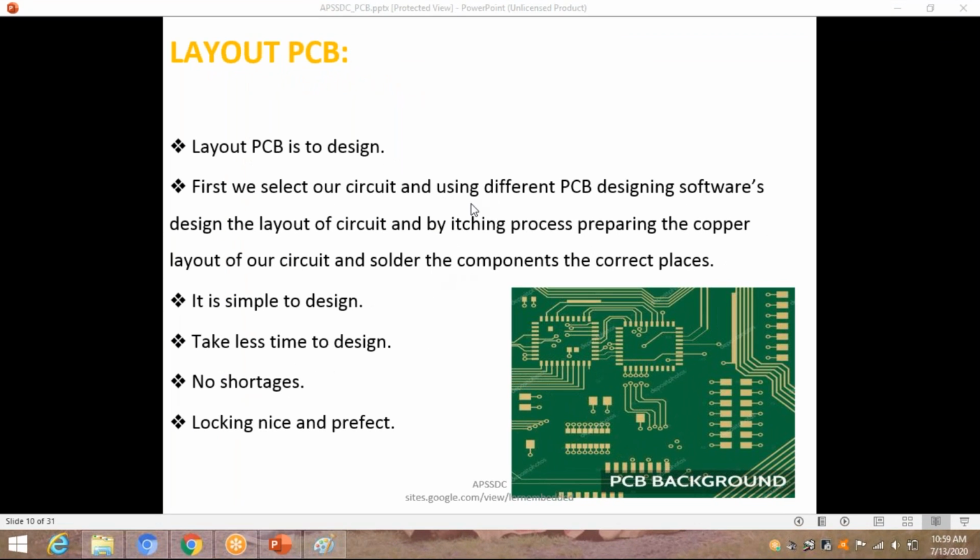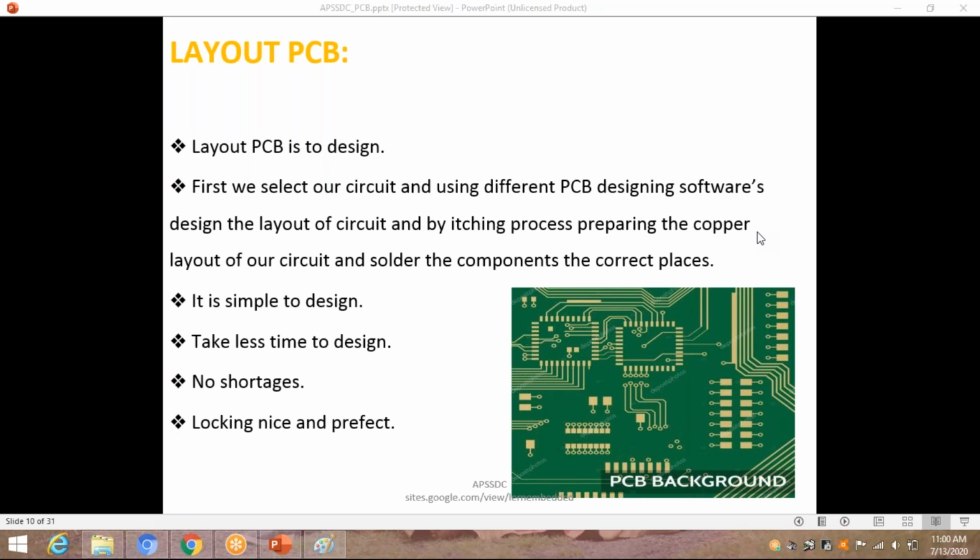Etching, not itching. Etching is the process where we remove unwanted copper. Okay, you will be knowing it. Etching process, preparing the copper layout of the circuit and soldering the components to the correct places.